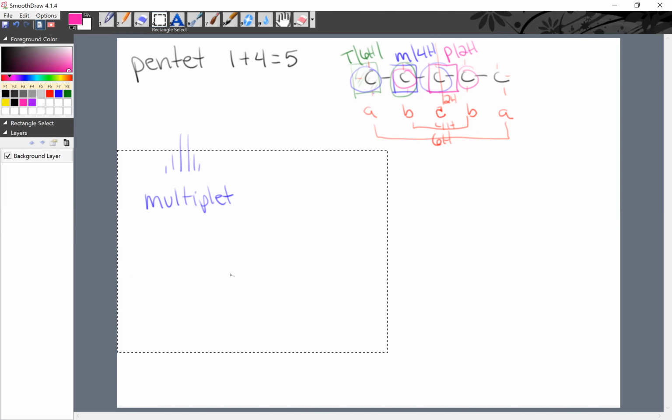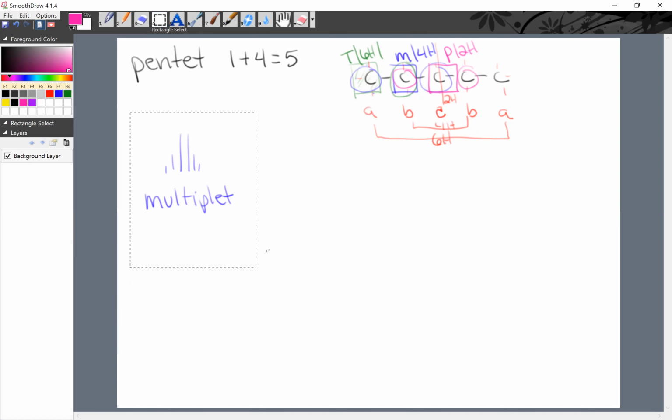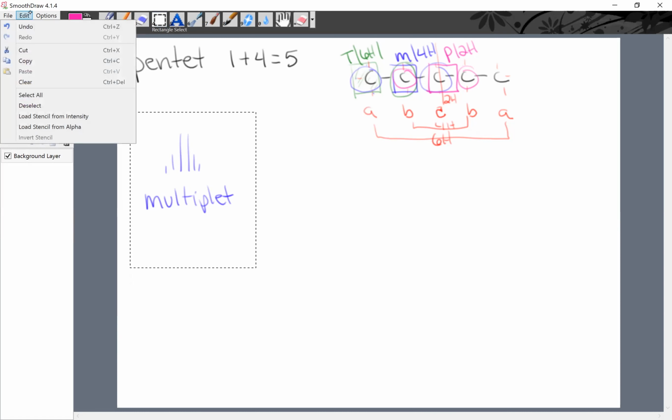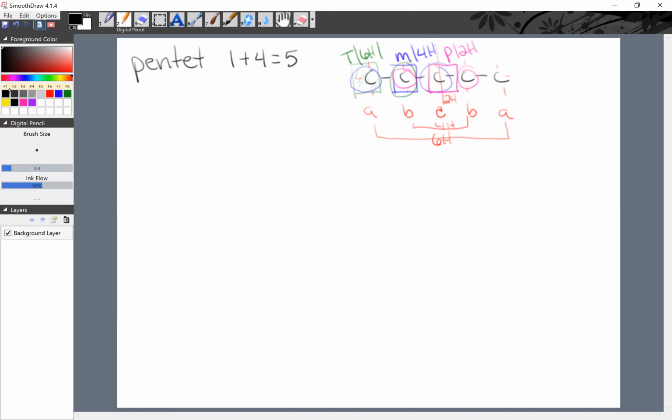Let's delete this. All right, let's put that wonderful alcohol back on there. All right, A, B, C, and D. We're going to go over a couple rules for the splitting.